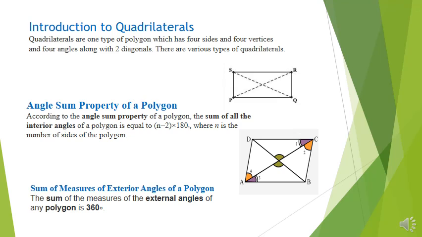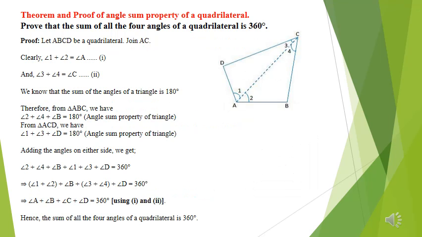Similarly, we have one more statement: the sum of the measures of the exterior angles of a polygon is equal to 360 degrees. So students, here is one important theorem related to quadrilaterals: the sum of the four angles of a quadrilateral. We can say it is the angle sum property of a quadrilateral, which is equal to 360.